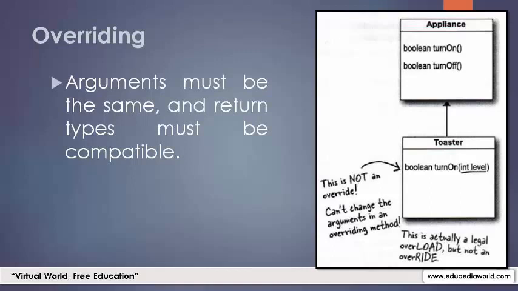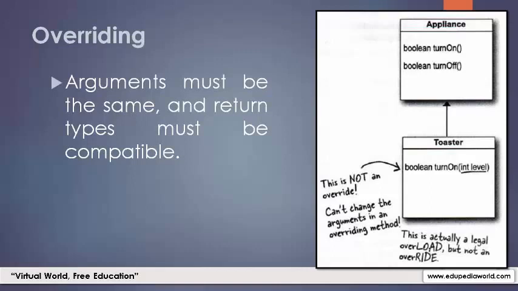Now in this example, we have two classes, appliance and toaster. Now tell me, what is the relationship between these two classes? Let's take an is-a test and a has-a test. There is no sense of saying appliance has a toaster or toaster has an appliance. Therefore, the has-a test is not working here.